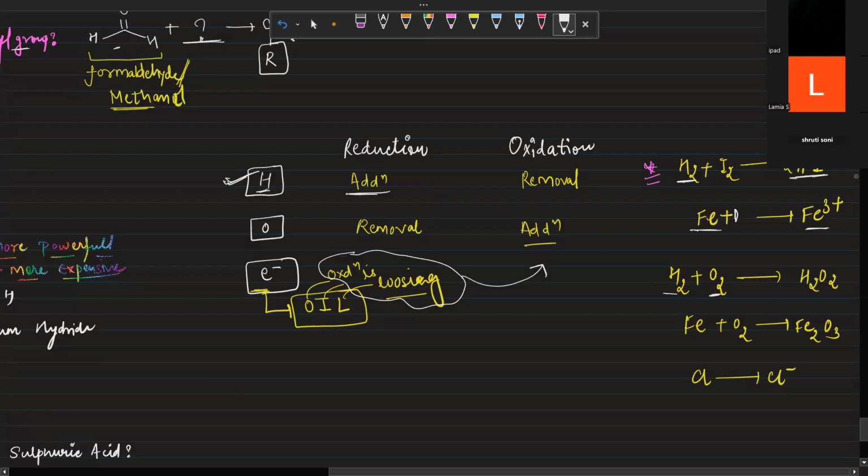Then in the case of H2 plus O2. Now in this case, is there any hydrogen? Yes. Is there any oxygen? Yes. So in this case, H2 is converting to H2O2. So what will be the process, reduction or oxidation in terms of hydrogen?